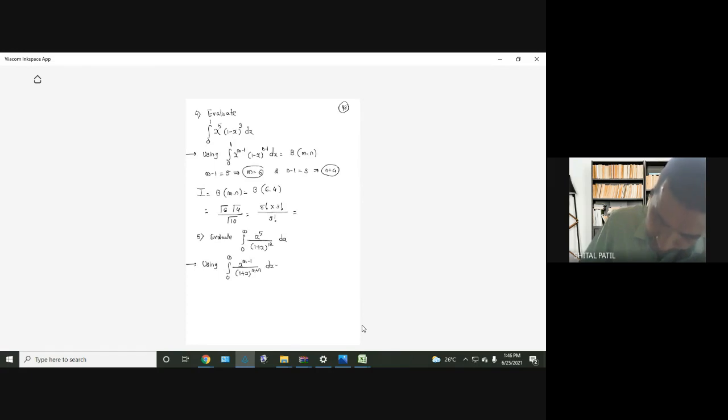This is equal to beta m, n, another form of beta function. So compare the power of x. m plus n equal to 12. So 6 plus n equal to 12.